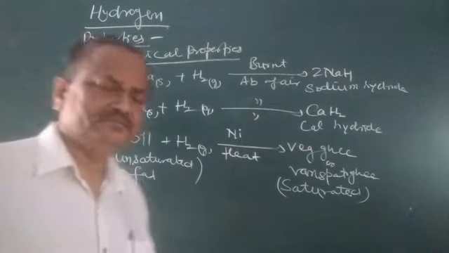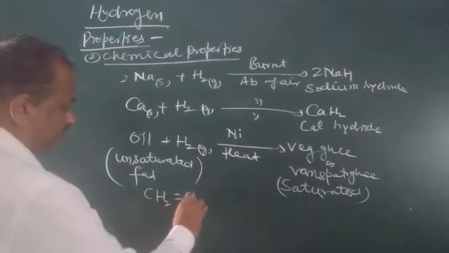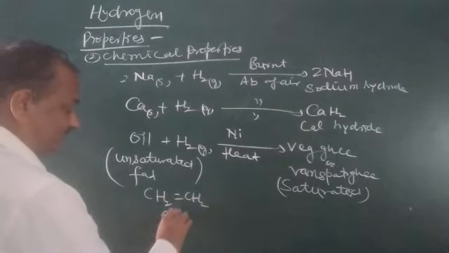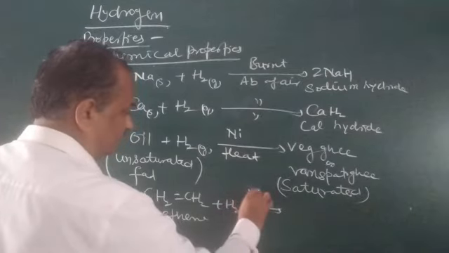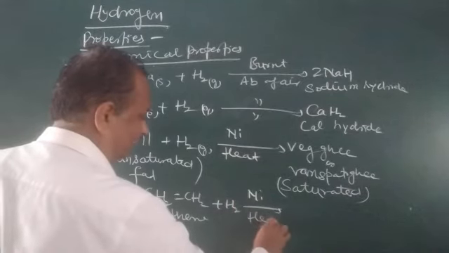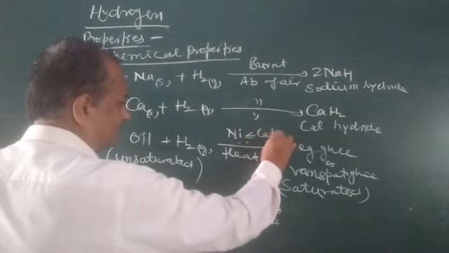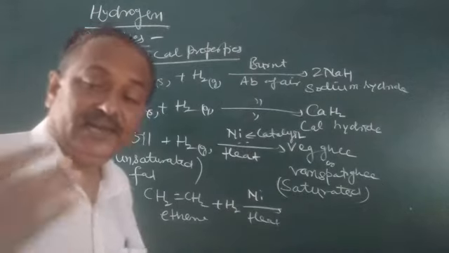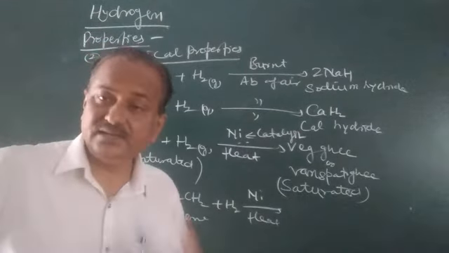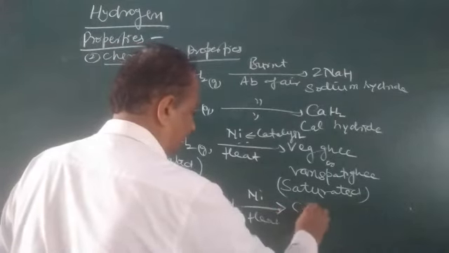Other chemical properties: if you take ethene and hydrogen gas in presence of nickel with slight heating, nickel acts as catalyst. What is a catalyst? A catalyst is a substance which alters the rate of reaction, and so there is formation of ethane, C2H6.